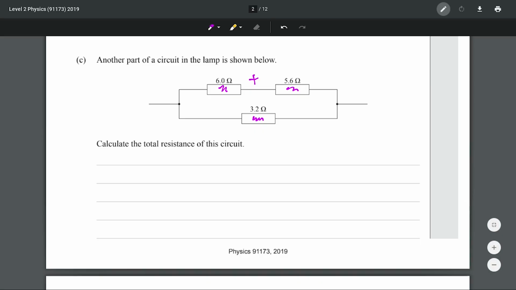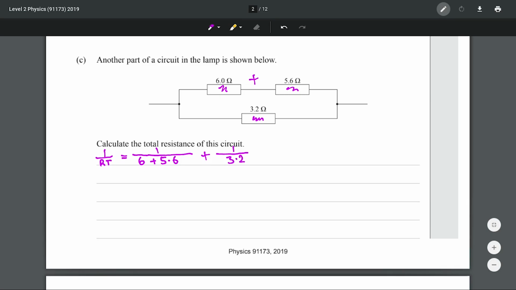And so the resistances in parallel add reciprocally. So our total resistance is going to be 1 over our top branch, which is 6 plus 5.6, plus 1 over our bottom branch, which is 3.2.